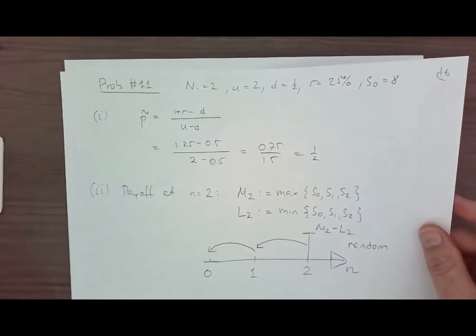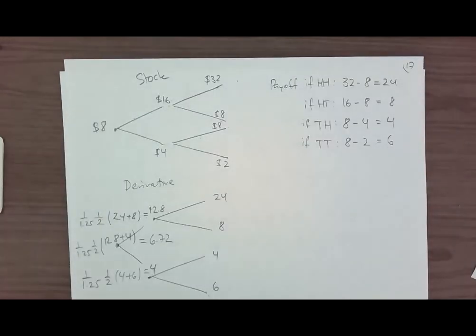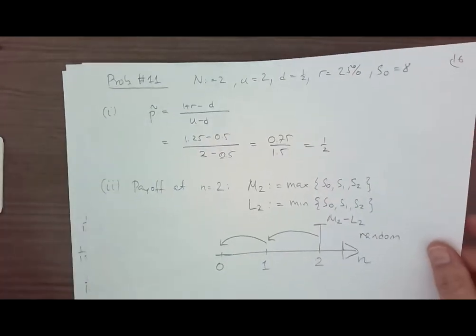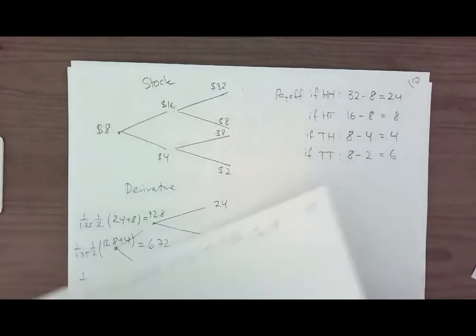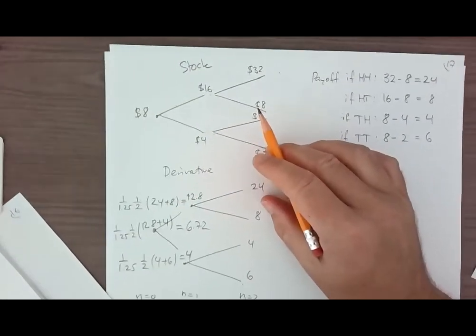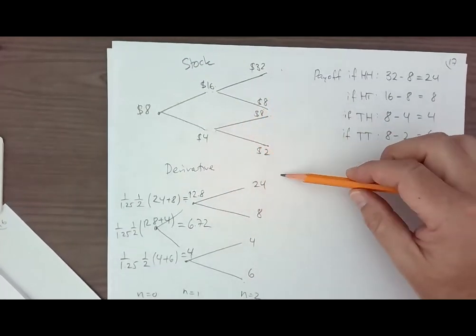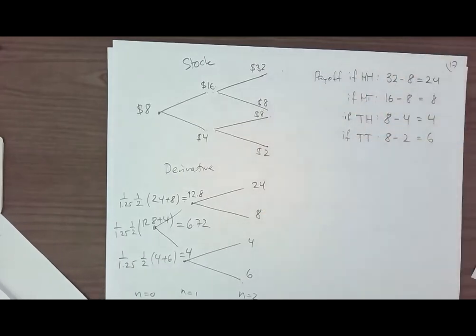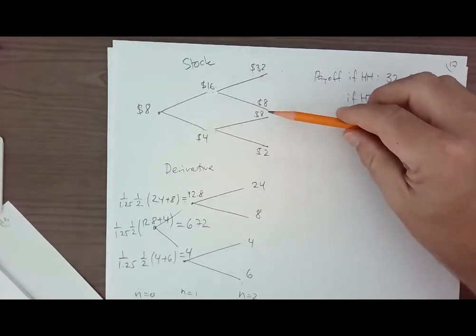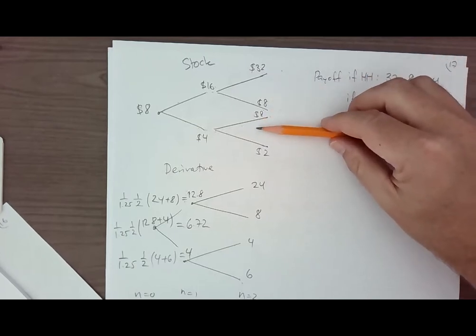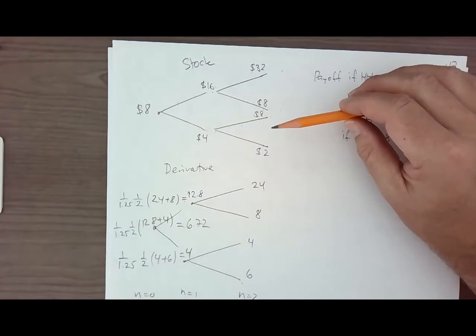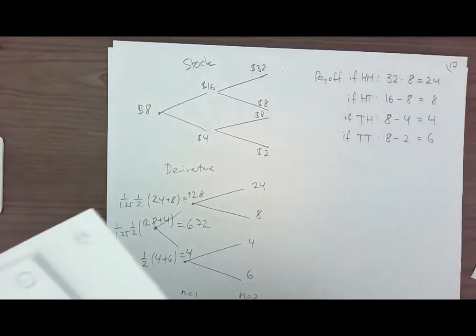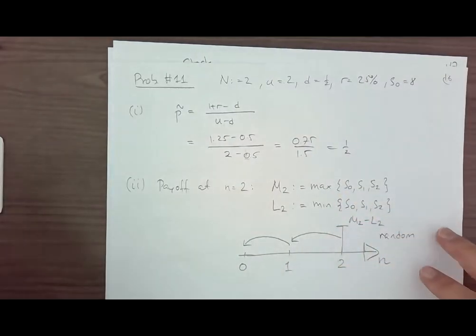Very often when you have a case like this one here, where we have the max and the min involved, when you draw the tree for the stock, very often what you need to do is to allow for all the branches. And this is related to this Markov property that we talked about earlier, that by themselves, these max and mins are not Markovian.